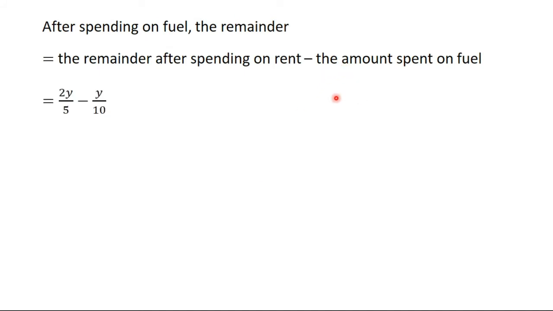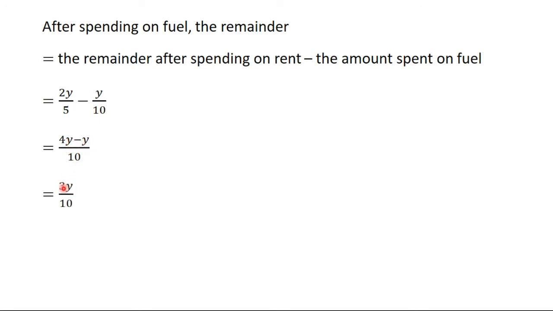So you are going to have 2y/5 minus y/10. So we find the LCM of 5 and 10, which is 10. 10 divided by 5 will give us 2. 2 times 2y will give us 4y. Then minus 10 divided by 10 will give us 1 times y, which is y.